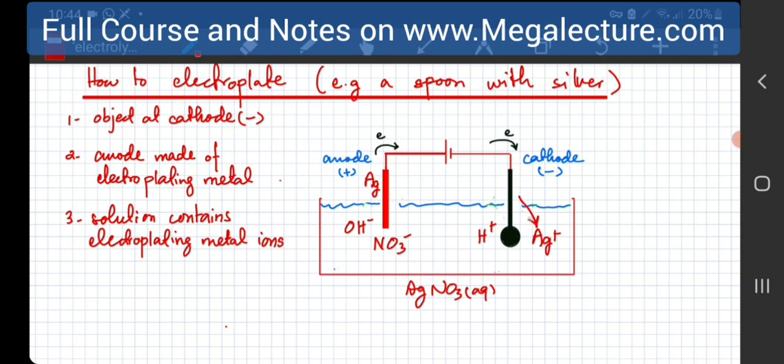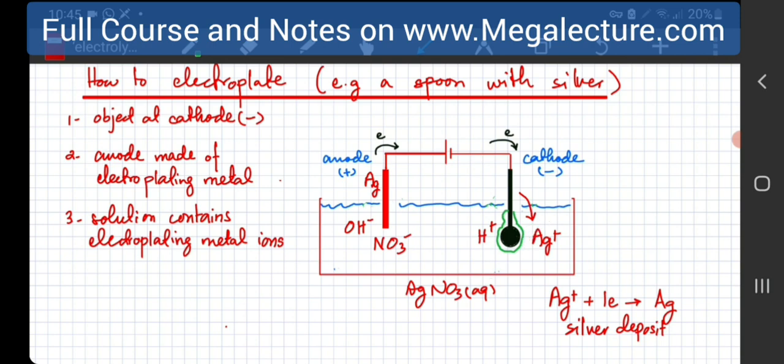All the electrons that are coming from the battery will end up with silver, and your equation is this one. The silver ions would gain 1 electron and they will form silver. So you'll start noticing a coating of silver metal deposit on the spoon. My spoon will start getting a coating of shiny silver. So it will start looking really nice.